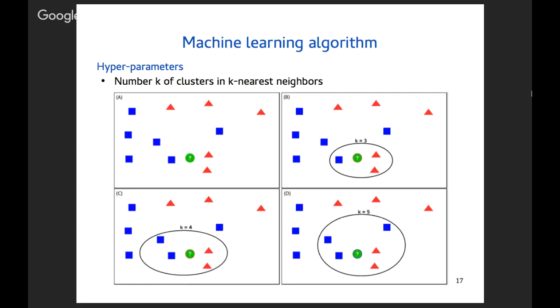The problem that we have to solve is that a new point enters the space. The new point is this green circle with a question mark. The algorithm has to decide if it has to associate this new point, the green circle, to the red triangles or to the blue squares. Okay?